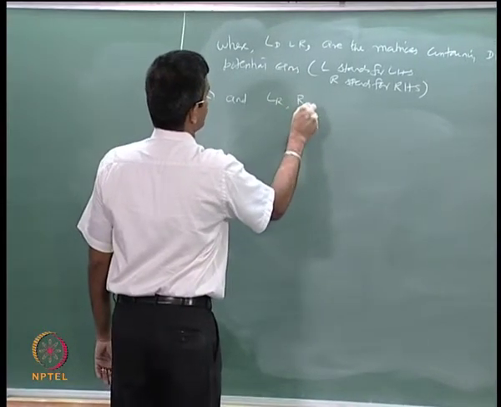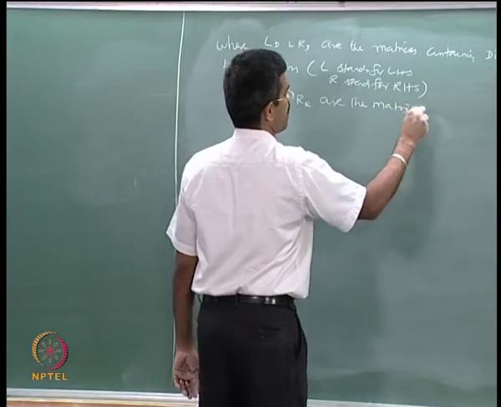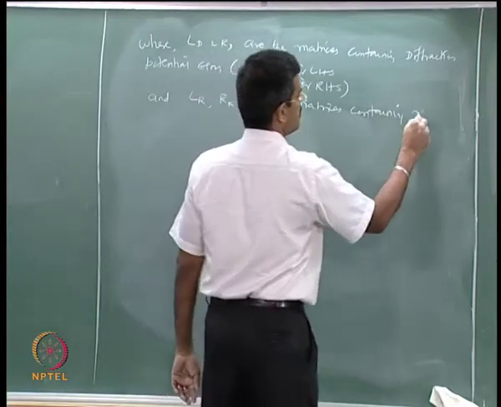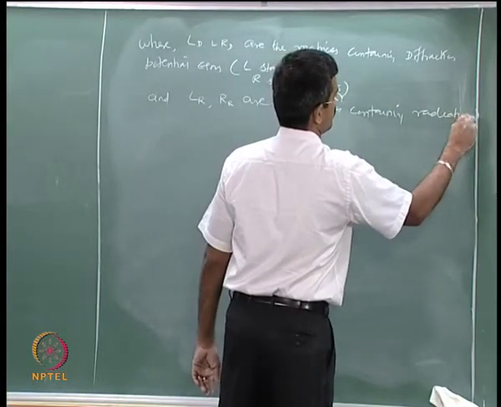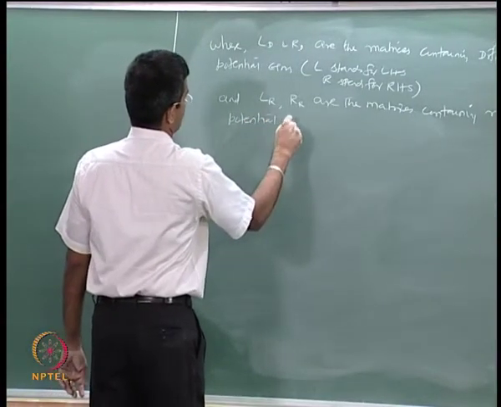LR and RR are the matrices containing radiation potential algebraic equations.